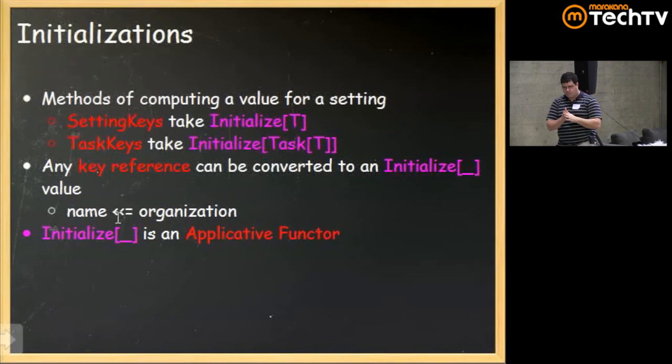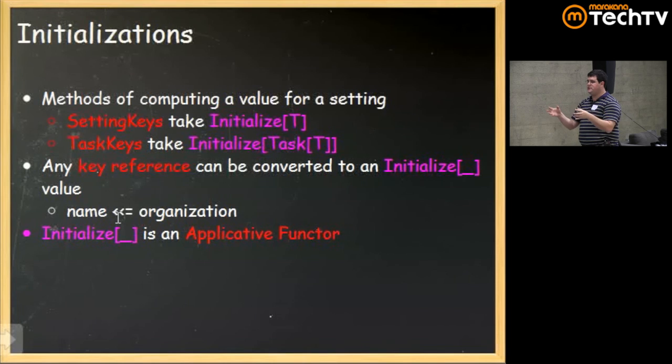Task keys take an Initialize of a task. So what SBT does during startup is it takes all of your settings, all of these Initializes, looks at all the dependencies, calculates this huge dependency graph from these Initializes, and it will actually grab values.